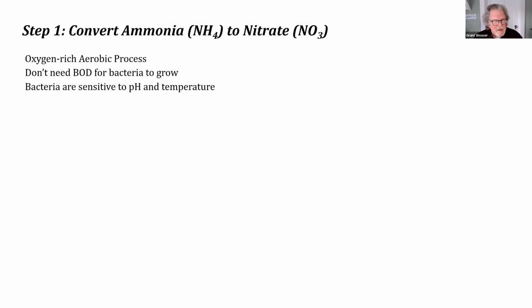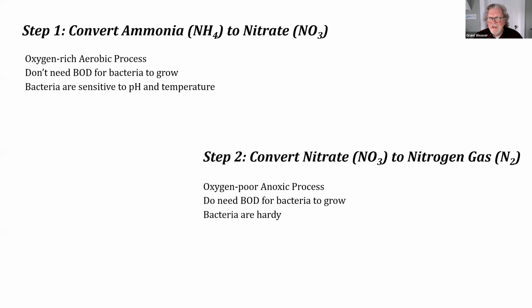More often than not, it's this second step that is less consistent. And that's really because of that second item, the BOD, the organic loading. The inconsistency of the organic loading coming in makes it difficult to have a consistent nitrate removal in many treatment plants.